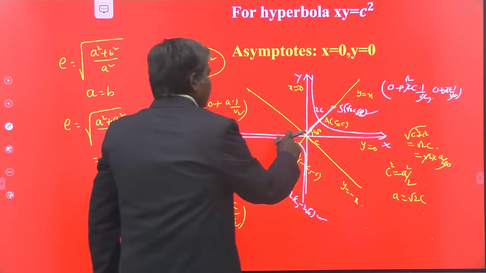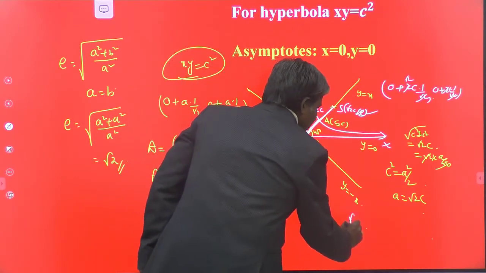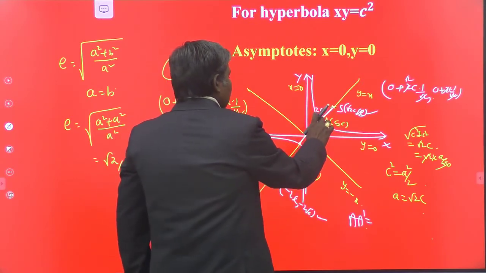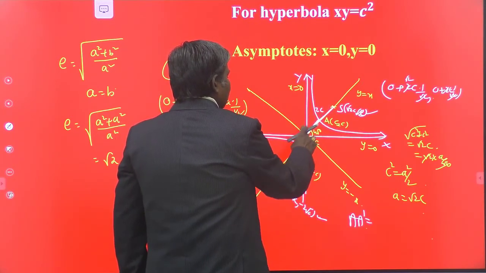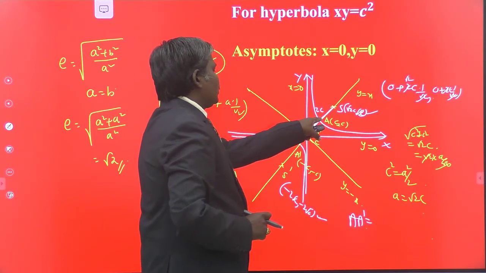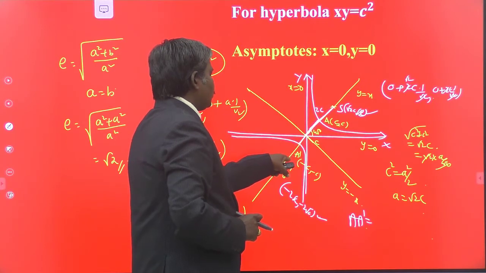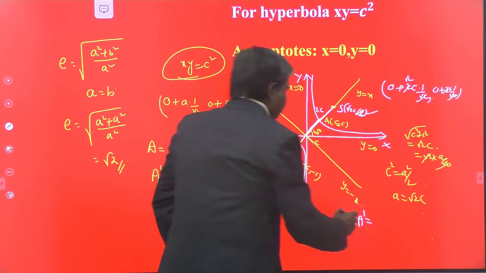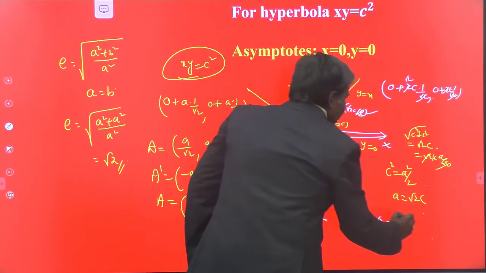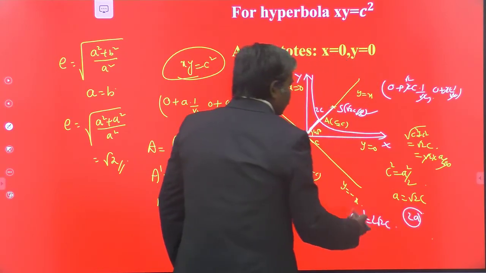So the distance between the two vertices, that is AA dash, is nothing but the transverse axis. The length of the transverse axis AA dash is equal to what? This is the distance from here to here. So this is C comma C to minus C comma C, that is root 2c plus root 2c, 2 root 2c. Because AA dash is equal to 2a. Replace A by root 2c, we get 2 root 2c.